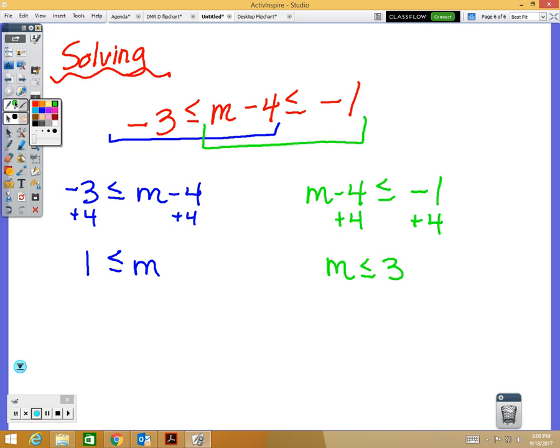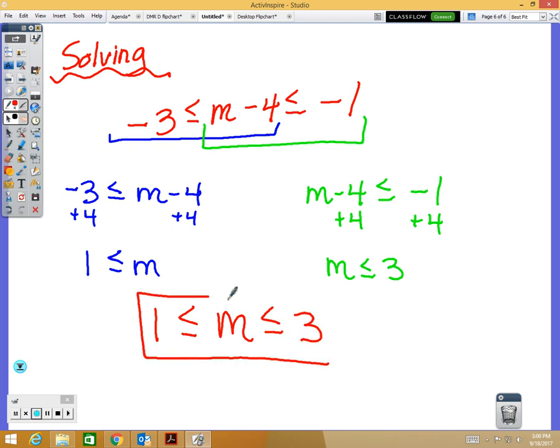So that when I put this back together again, I get 1 is less than or equal to m is less than or equal to 3. Okay? So once you kind of understand the concept, you really don't need to write it out separate like I did. You could just add 4 to that and add 4 to that. It makes it a lot easier.